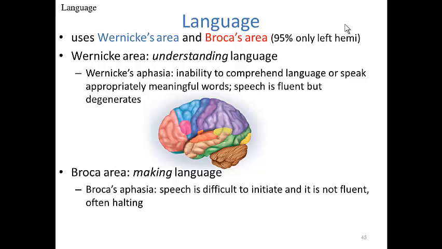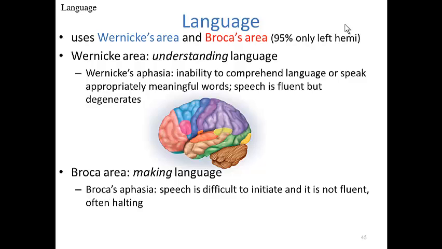The other area of the brain involved with language is Broca's area, which is involved with making language, our ability to speak meaningful words and produce language. If the Broca's area is damaged, then speech becomes difficult to initiate, and it's usually not very fluent, often halting. So individuals with Broca's aphasia have a hard time getting words out.